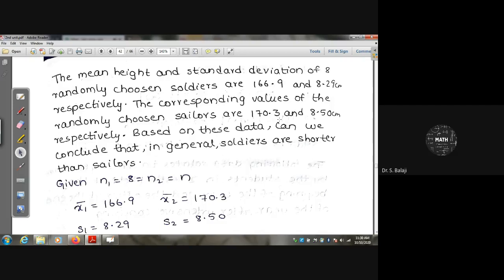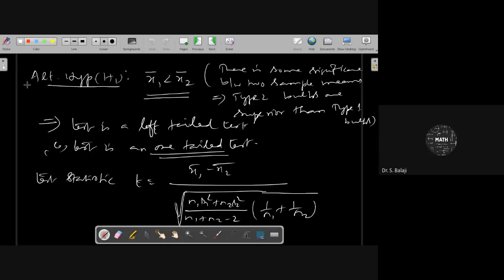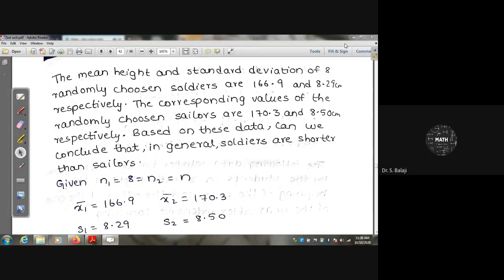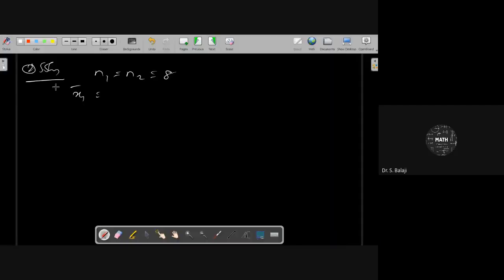You write one by one, and we can check the answers. n1 equal to n2 equal to 8. x1 bar is 166.9, x2 bar is 170.3.